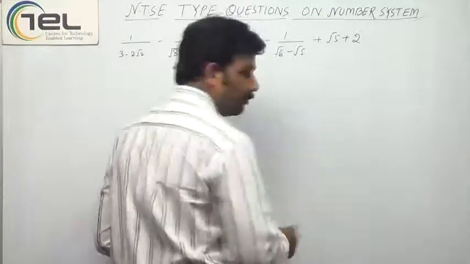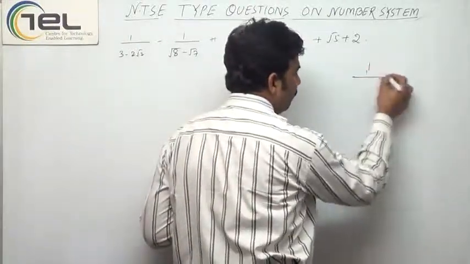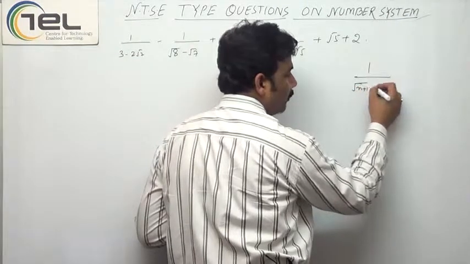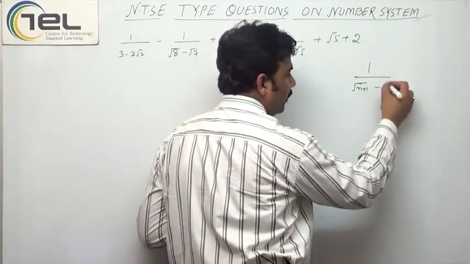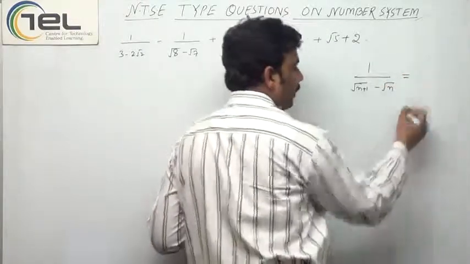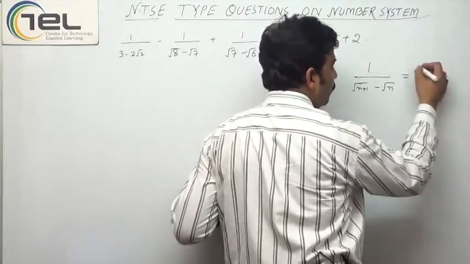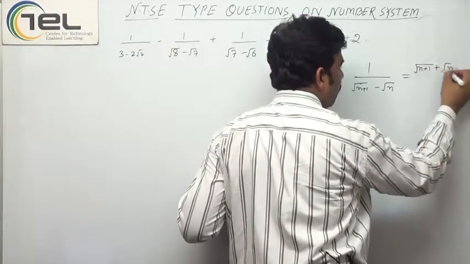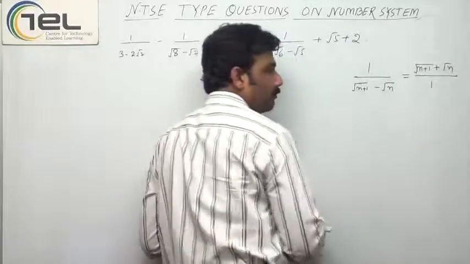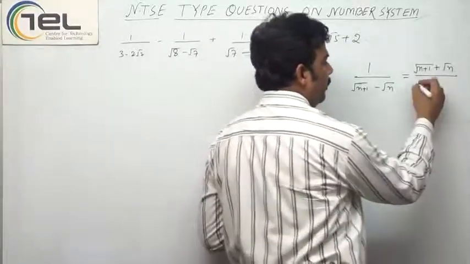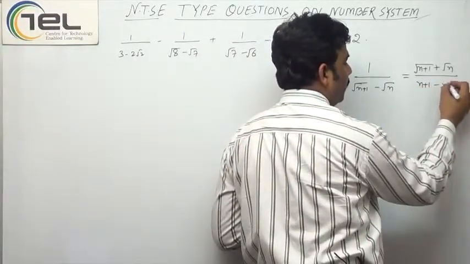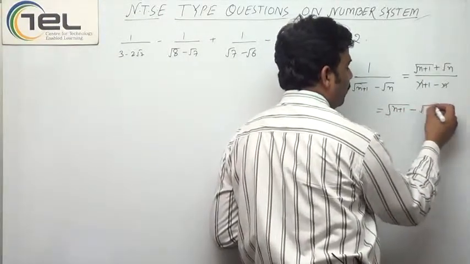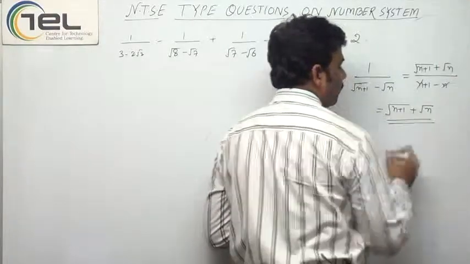Please remember one thing: if we are given like this, under root n plus 1 minus under root n, then the rationalizing factor will be root n plus 1 plus root n upon 1, or you can say n plus 1 minus n cancels, so it is root n plus 1 plus root n. So this is the answer.